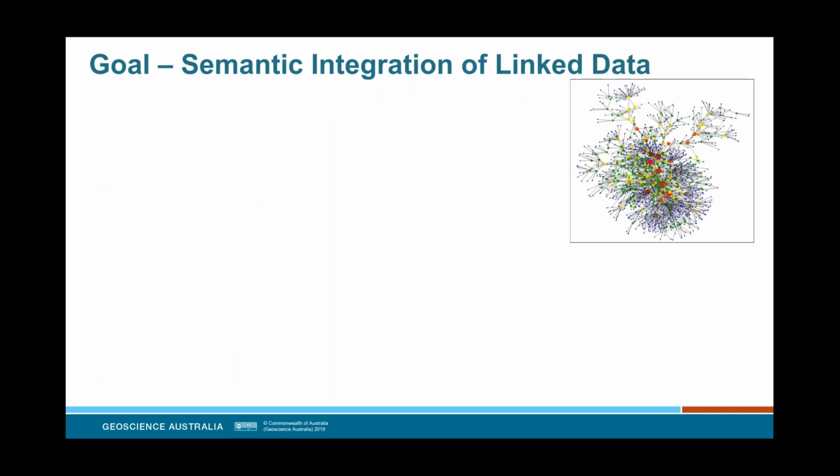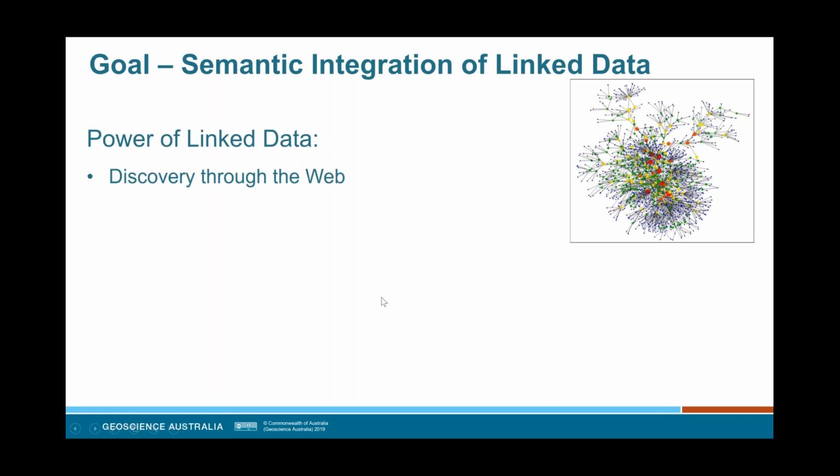Our goal is to try and make Location Index a way in which we can use semantic integration of linked data, whether it's linked data or linking data. So the power of linked data is obviously that we can discover it through the web. It's machine-to-machine communication, so machine readable.